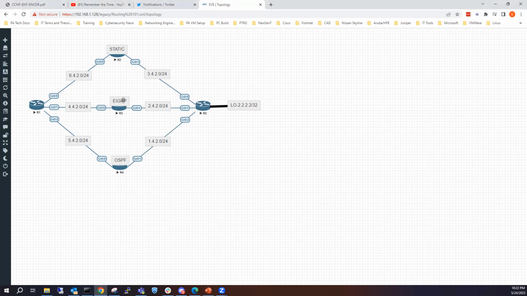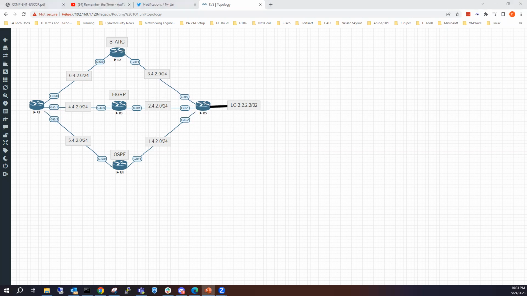Again, in the election process, now we're looking for the lowest administrative distance. Why did you not choose OSPF, and why did you choose EIGRP? Yeah, I forgot about the AD numbers.